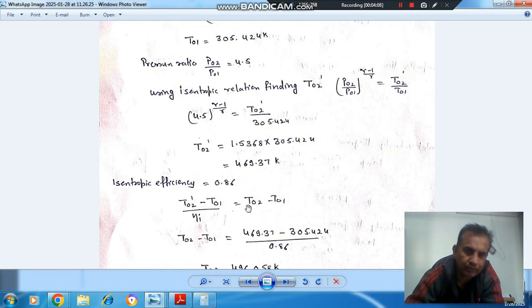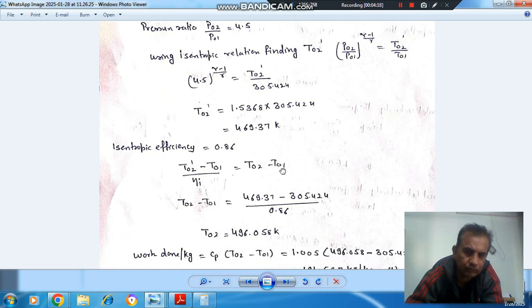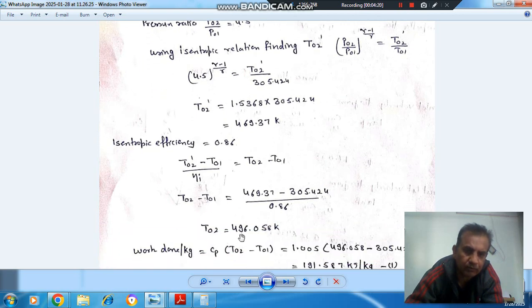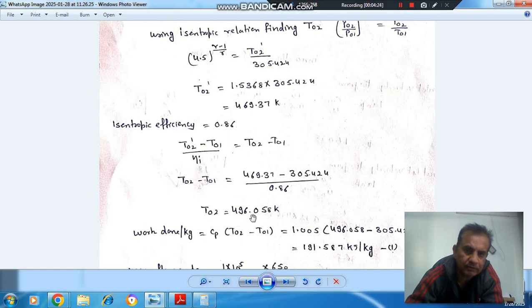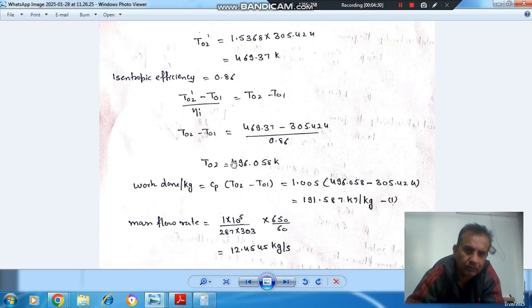That is according to the isentropic or ideal process, but actually there is an isentropic efficiency. So to find the actual stagnation temperature at outlet, we divide T02 dash minus T01 by the isentropic efficiency, and that is equal to T02 minus T01. From this we can find out T02, that is 496.058. So that is your actual stagnation temperature at outlet.